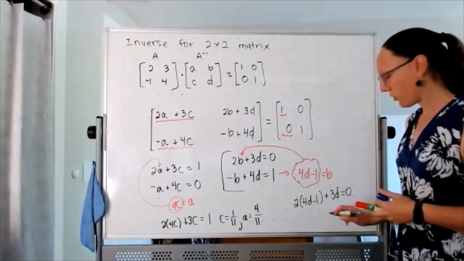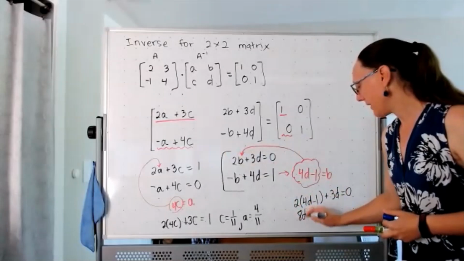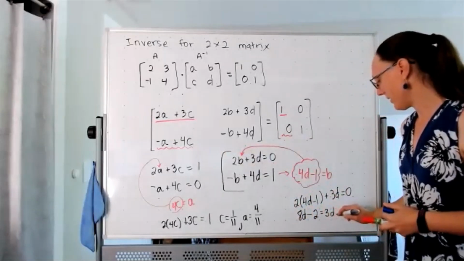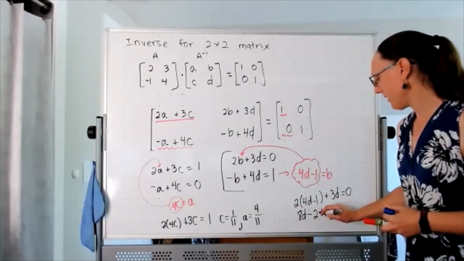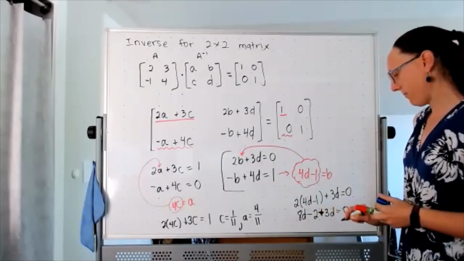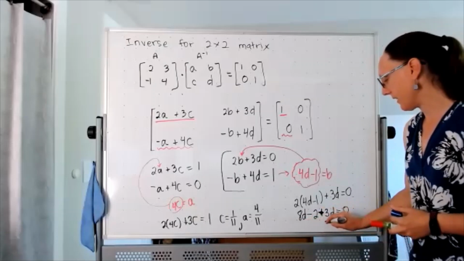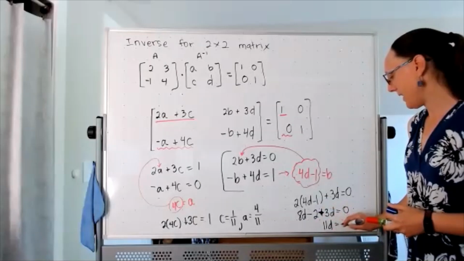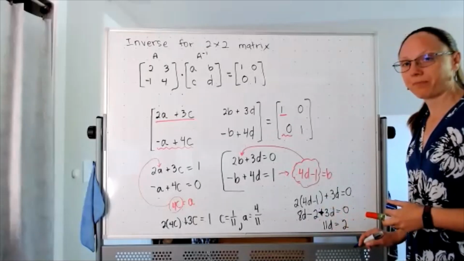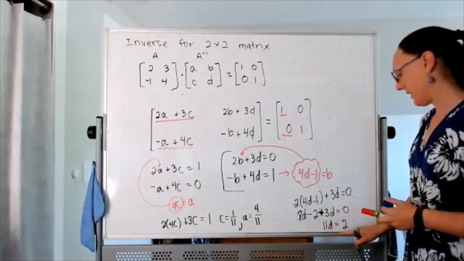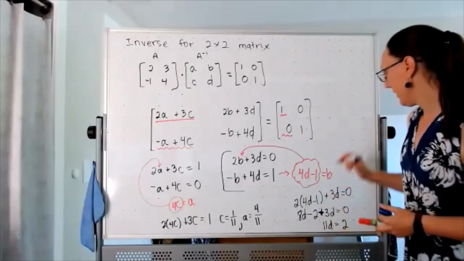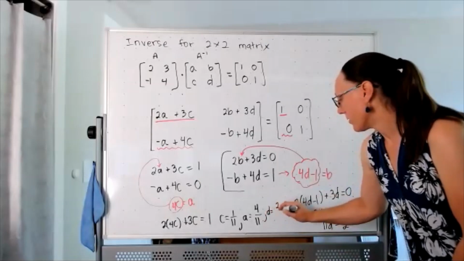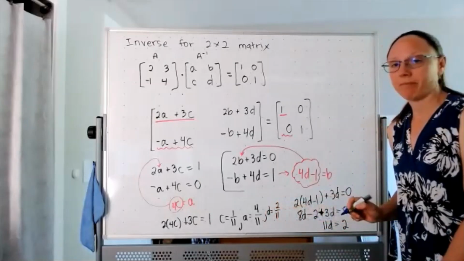Get a little bit of distribution going on. 8d minus 2 plus 3d is equal to 0. And I think that's going to say that 11d is equal to 2, which means that my d must be equal to 2 divided by 11.